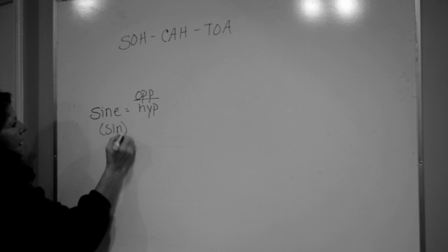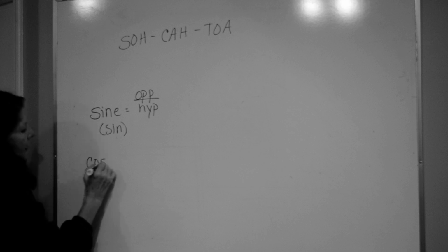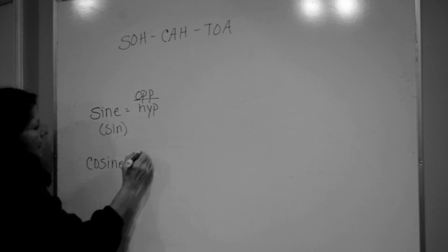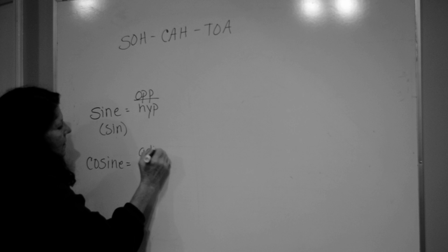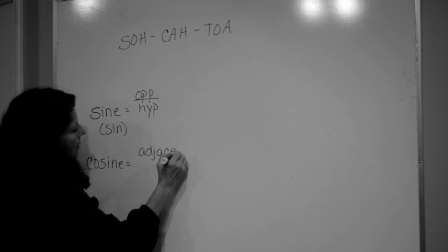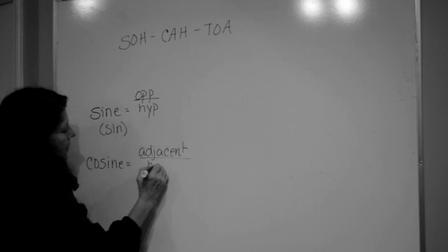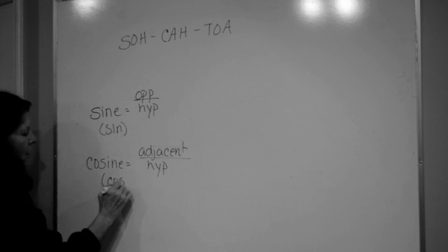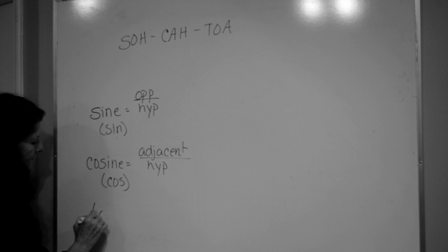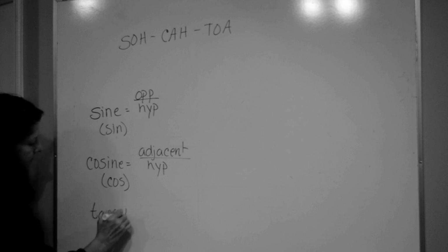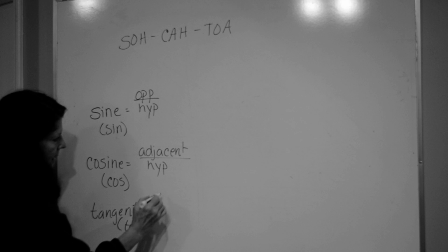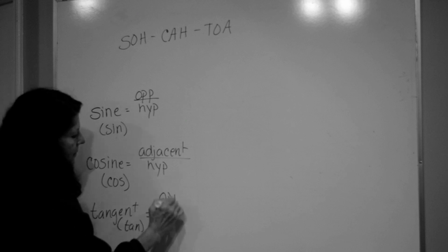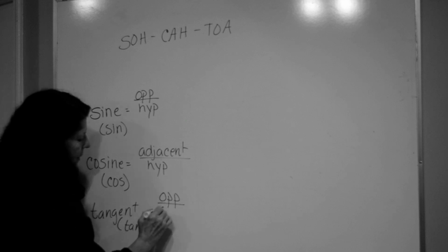Abbreviation SIN. Cosine is adjacent over hypotenuse. Abbreviation COS. Tangent. Abbreviation TAN is opposite over adjacent.